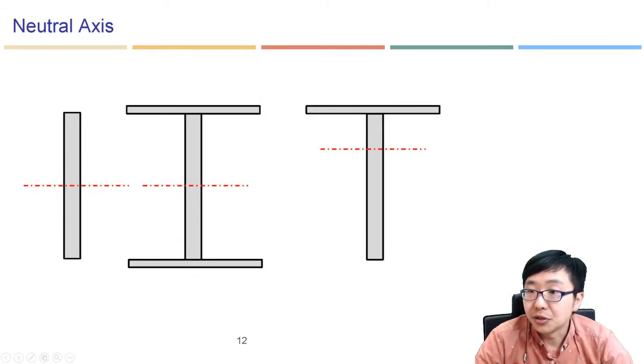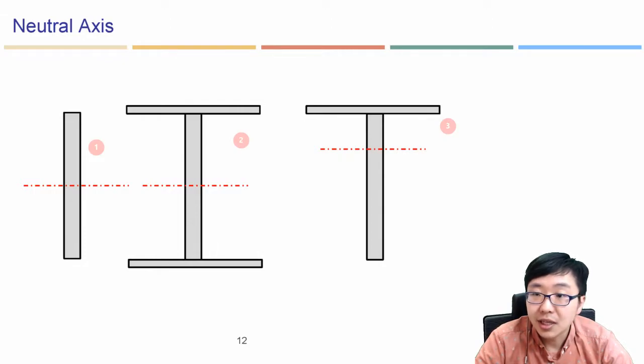And I'm showing you here 3 different types of geometry with the neutral axis given, type 1, 2, and 3. As you can see, at the neutral axis position, the force should be 0.